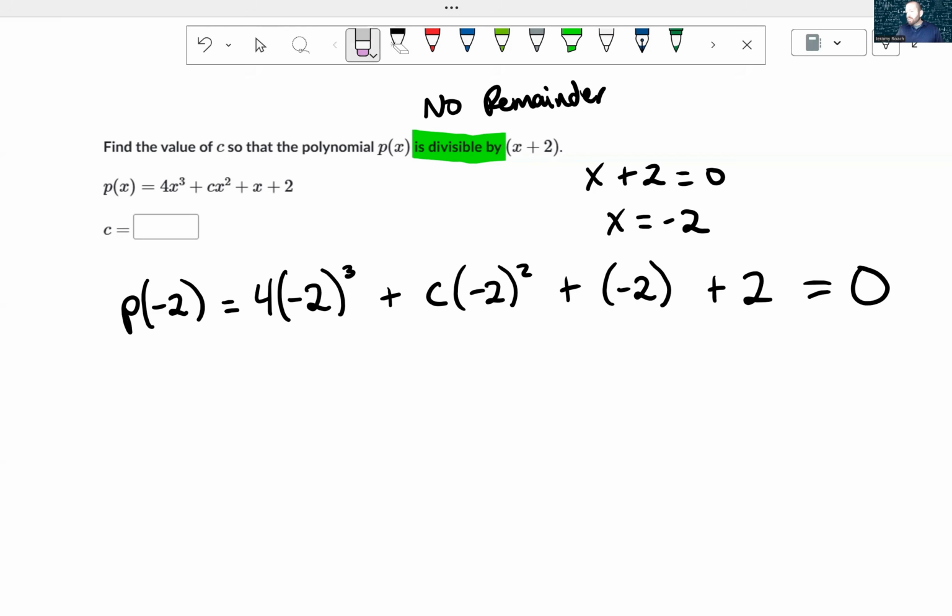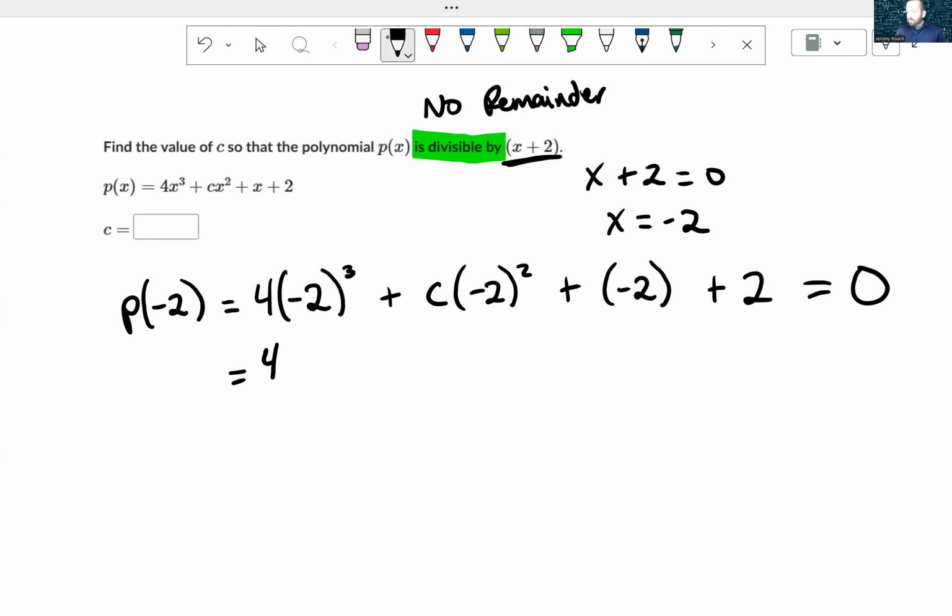Because we're saying that this polynomial, when we divide by x plus 2, gives no remainder. That means this should equal 0, which means this is on our x-axis at x equals -2. It crosses exactly at -2, whatever that function ends up looking like.